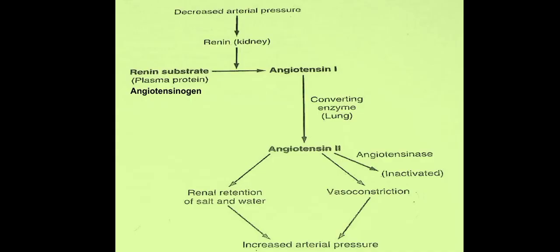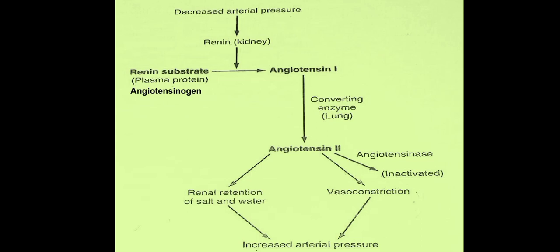That renin enzyme acts on angiotensinogen to release angiotensin 1 and then angiotensin 2, and thereby they can control the blood pressure. The total mechanism is this one.